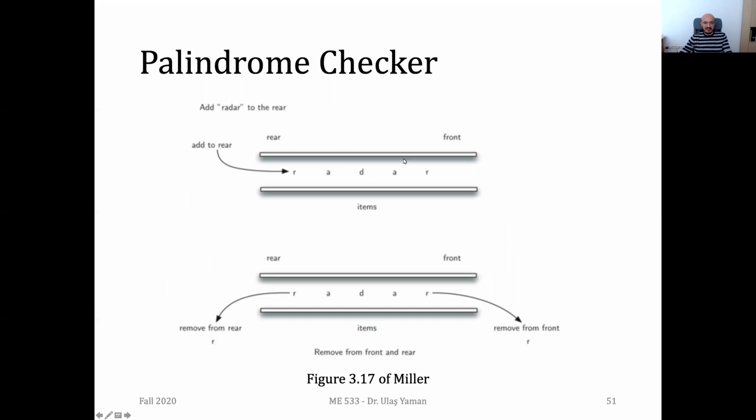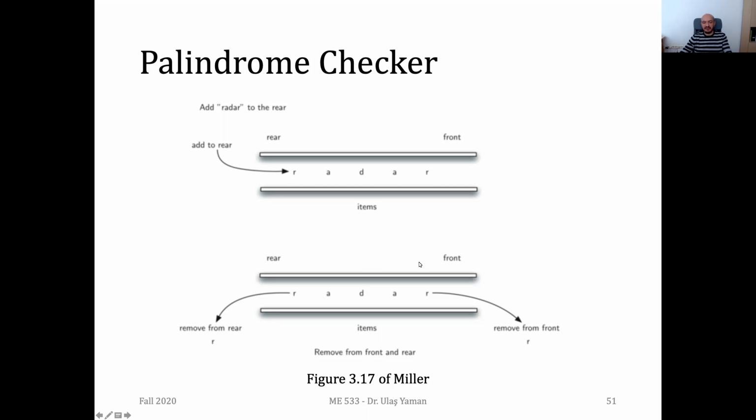So that's an example. We add all the letters into our DAG data structure, and then we remove one item from the rear, one item from the front side, and check whether these two letters are the same. If they are the same, you should continue removing items, but if they're not the same, then you should break at that point, stop the operation, and tell the user that the given word is not a palindrome.